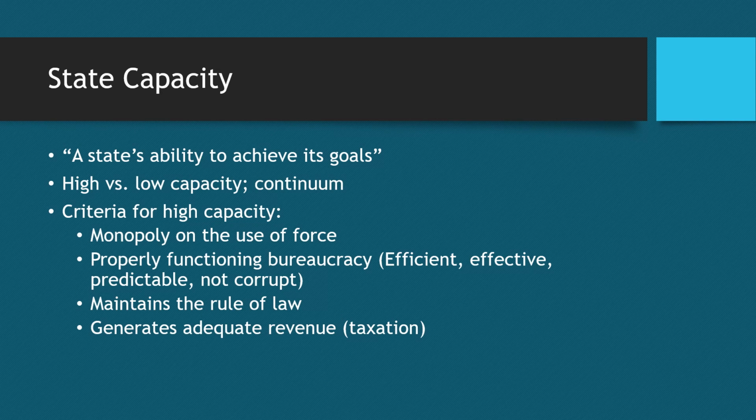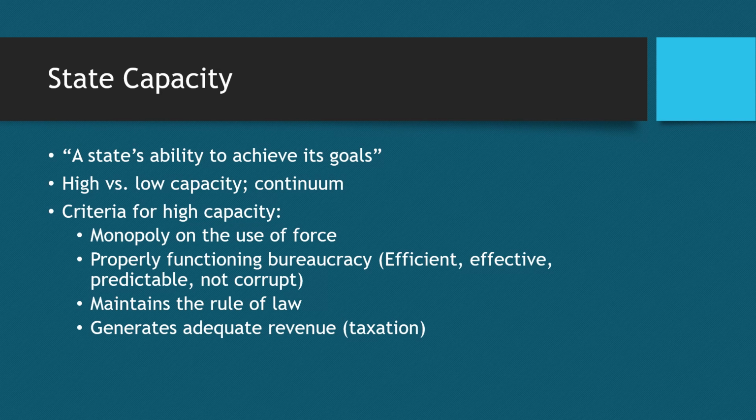There are not uprisings that they have to put down all the time. It's accepted that the state is allowed to use force legitimately, and they're not having questions on that or having to deal with rival powers of force.